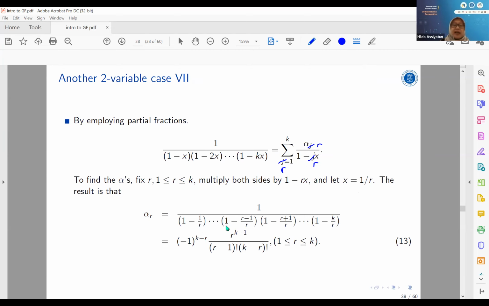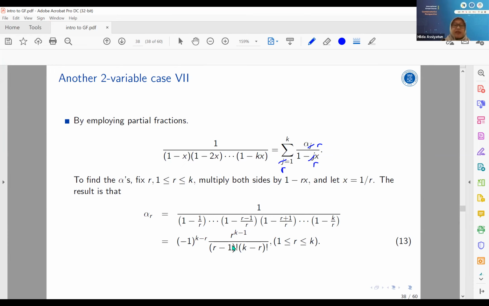It's already a bit messy here, but we can make this a bit nicer by tidying it up. You see here, all divided by r. If we divide by r, we will have the terms r minus 1, r minus 2, r minus 3, and so on until 1.